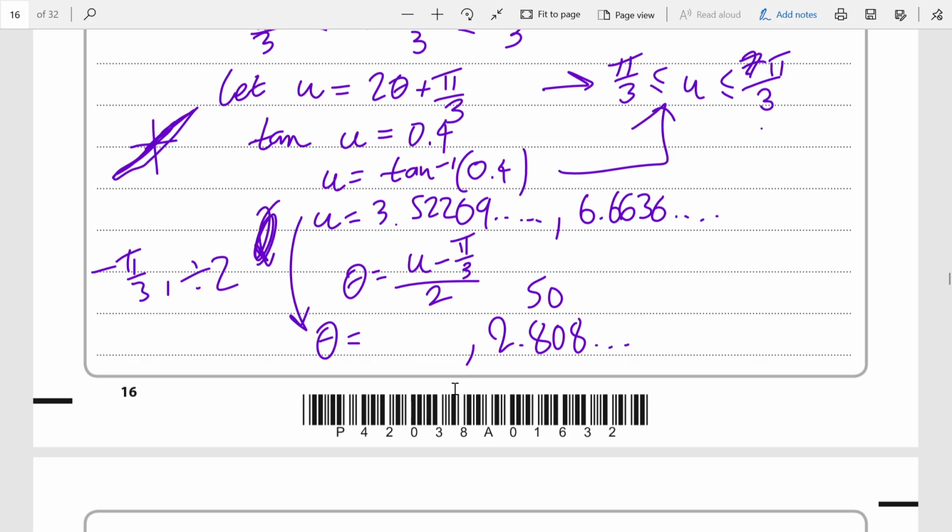And for the previous answer, we start at 3.52209 and so on. Then we subtract pi over 3 and divide both sides by 2, and we get 1.2374, and so on.